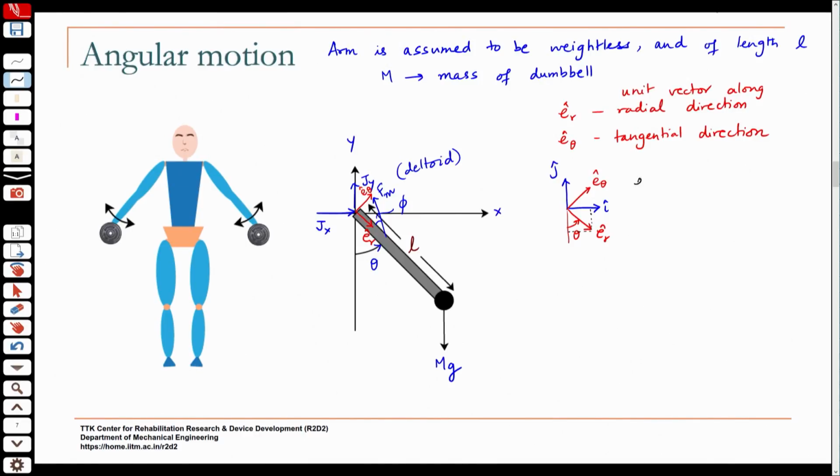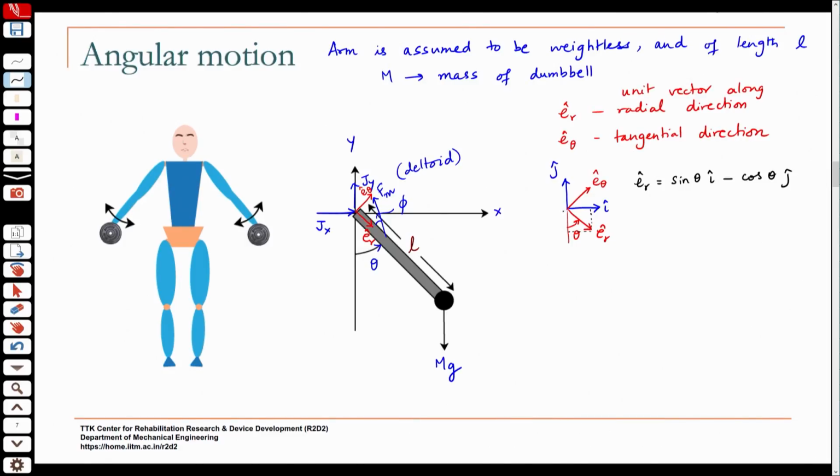So, Er equals sin theta along the i direction, depending on how I take theta, minus cos theta along j.